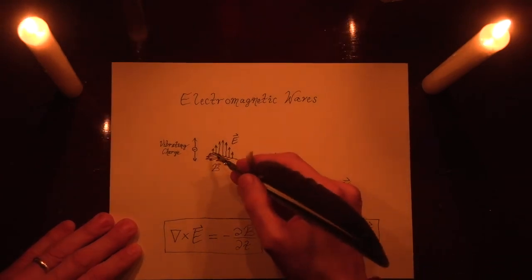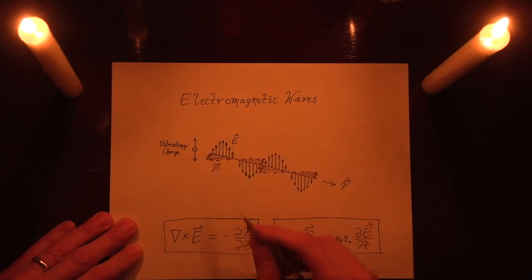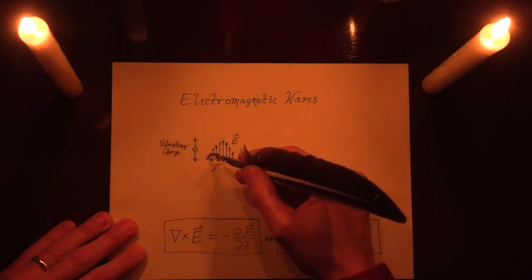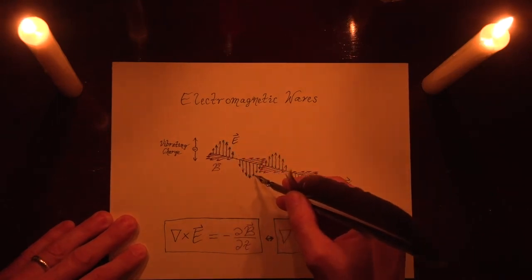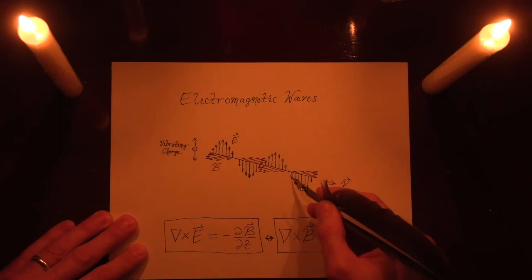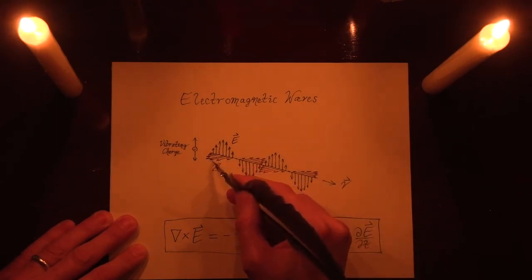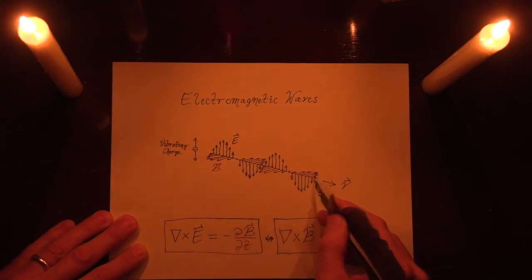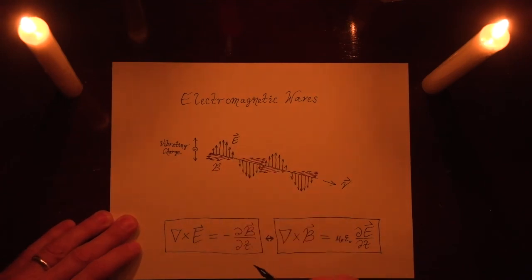So here you can see that I have electric fields in this direction and magnetic fields in this direction. Furthermore, if I were to trace a line through the tips of these arrows, you would see that I'd be drawing out a sine curve for the electric field. And the same for the magnetic field. If I were to draw a curve through the tips of the arrows, I'd be drawing a sine curve, but perpendicular to this sine curve here, going this way versus that way.